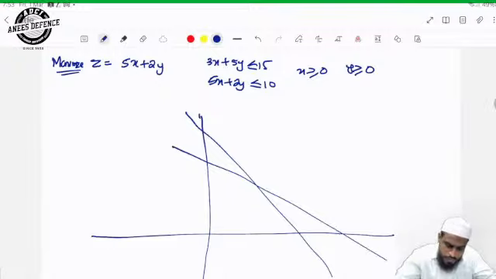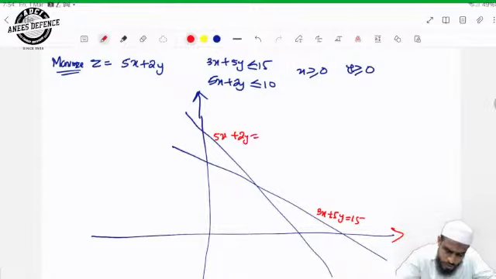If you solve this question, you will get a graph like this. Here, this is 3x plus 5y equal to 15, and this line is 5x plus 2y equal to 10. The same thing you can follow here. This is y equal to 0 and this is x equal to 0. Here you are getting a feasible region like this.